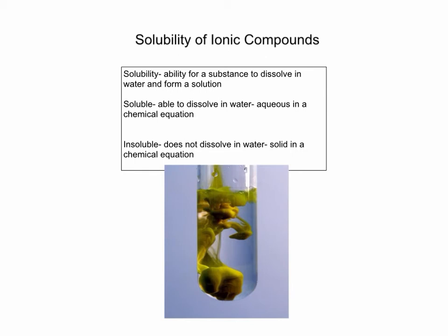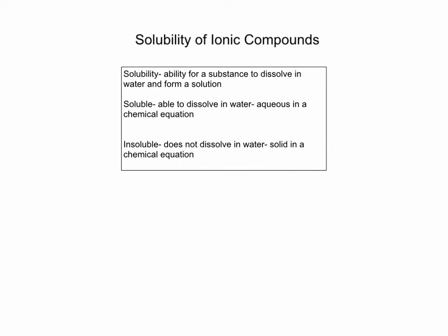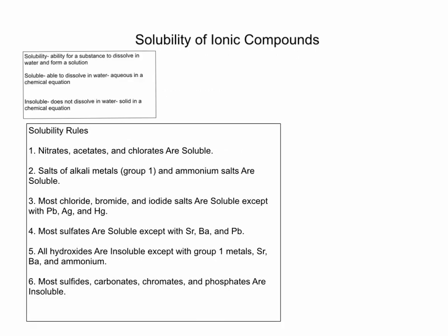This is lead iodide, and as it's added to the water, you can see that it remains solid. It's not mixing throughout the solution. If we let this sit for a long time, all of the lead iodide would end up sitting at the bottom of this test tube. So now that we know what it means to be soluble, how do we tell if an ionic compound is soluble? Well, fortunately for us, there are some solubility rules.